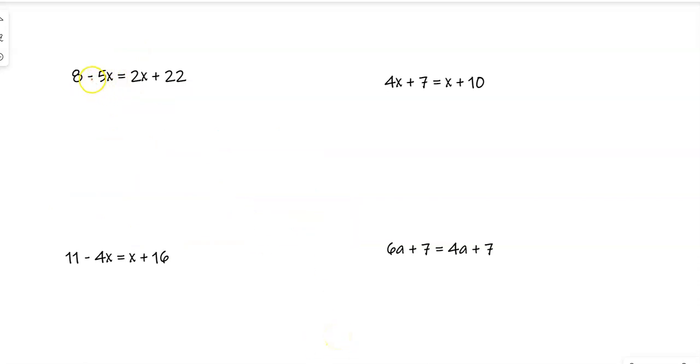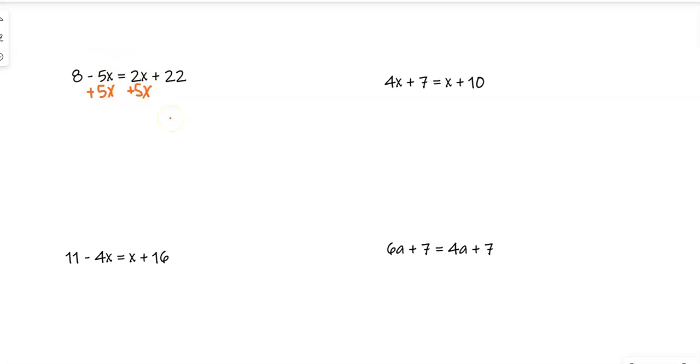So that will be one way of doing it, to take 2x from one side to get rid of the unknown on one side of the equation. But we could have chosen to add 5x on this side and have the unknown on the right side.